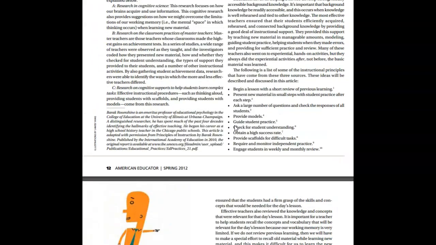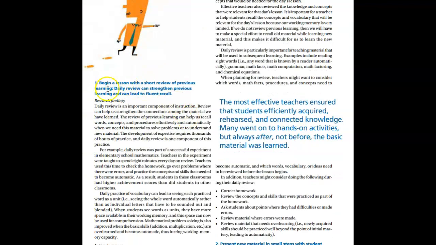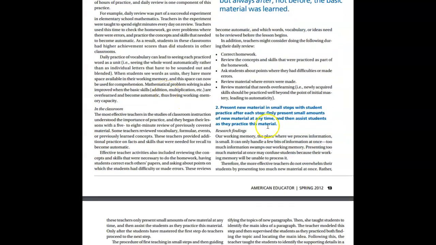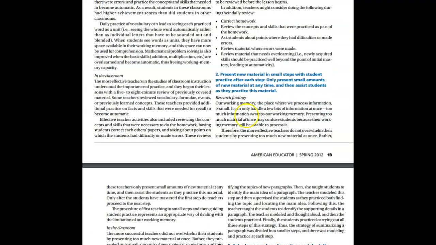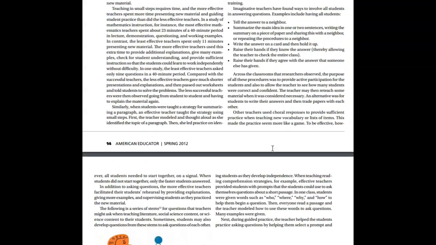So here are the principles. Okay, so number 1, begin a lesson with a short review of previous learning. Daily review can strengthen previous learning and can add to fluent recall. Okay, number 2, so all the ones that have numbers and are in blue, those are the principles that we're looking at.